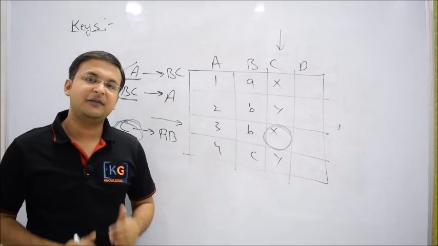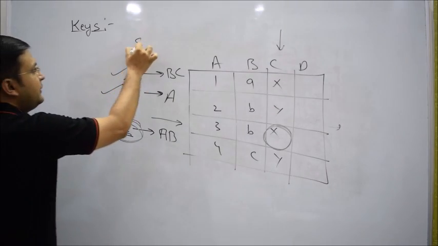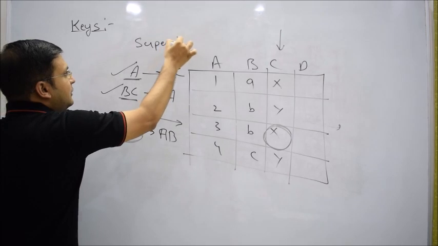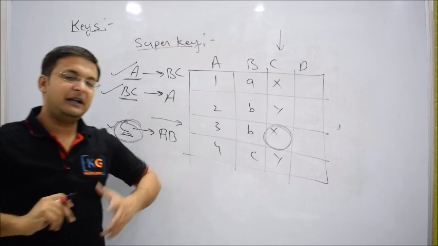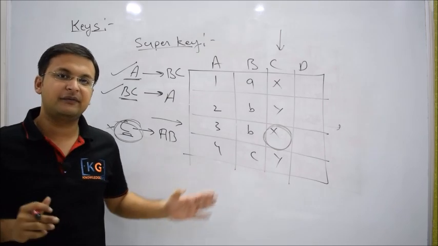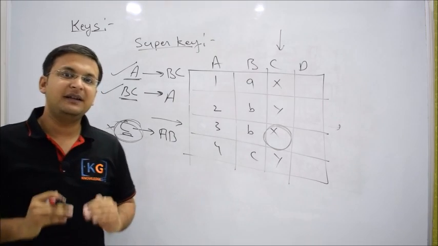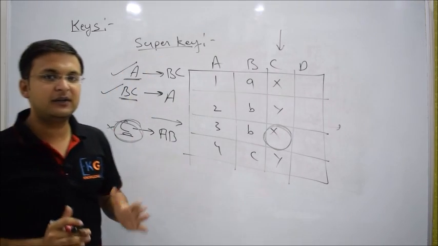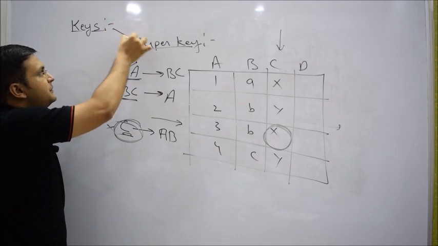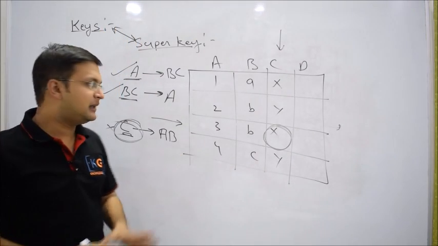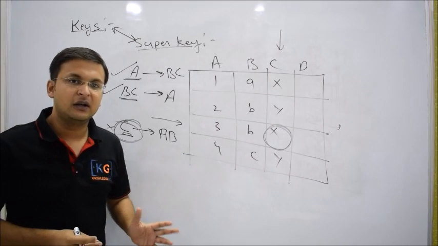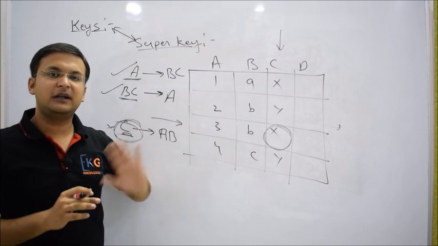The first type of key we'll discuss is the super key. Now what is a super key? And still you see there's a lot of confusion about what a super key is. Why? Because in databases there are a number of keys, so even for the basic type we say super key. What does it mean? There is no difference between a key and a super key. The super key is the simplest key, and the definition I have just discussed for key is nothing but the definition of super key.